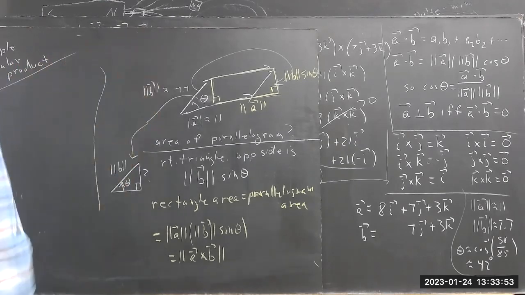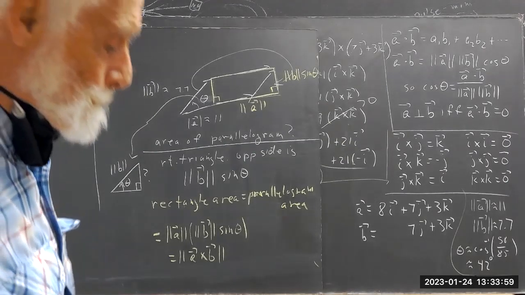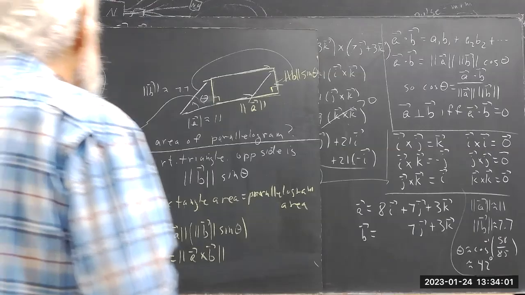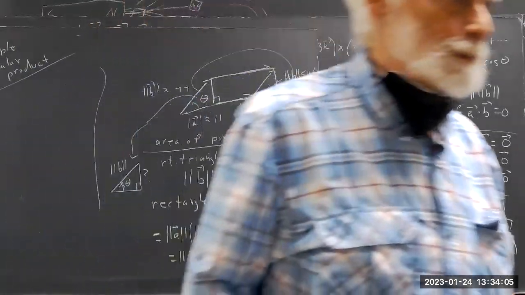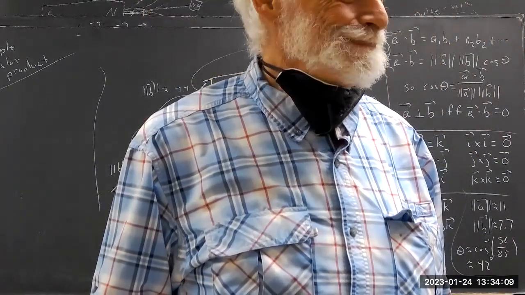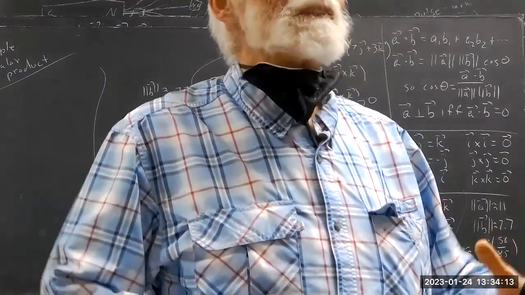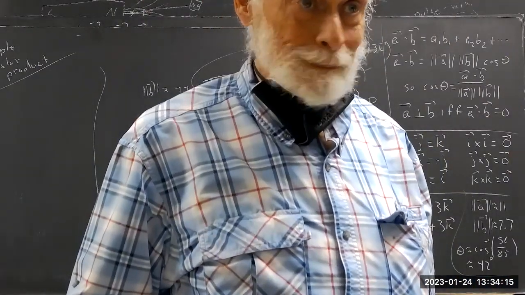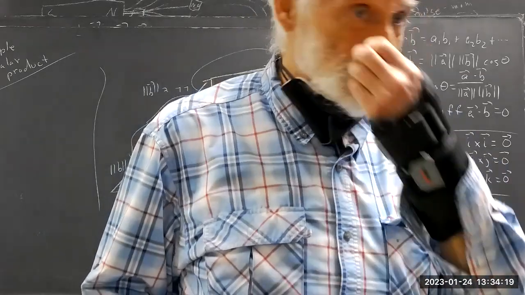This leads us to one of my favorite things in the universe, which is the triple scalar product. I want to make this thing into a parallelepiped. That just means a three-dimensional figure with a lot of parallel sides, the maximum number of parallel sides.